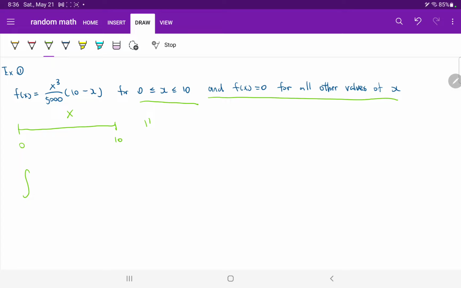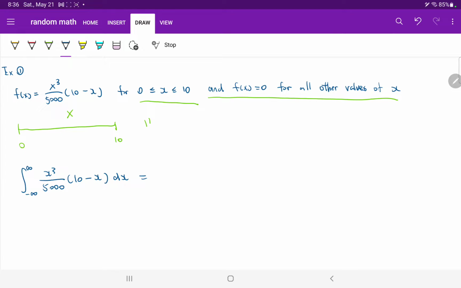I'm actually going to use the blue pen. Let's say we integrate from negative infinity to positive infinity of x cubed over 5,000 times 10 minus x dx.